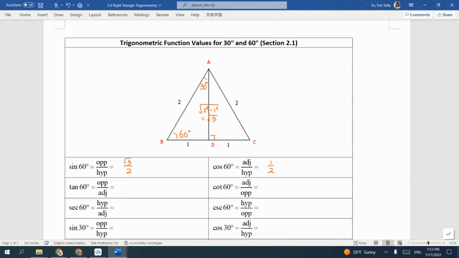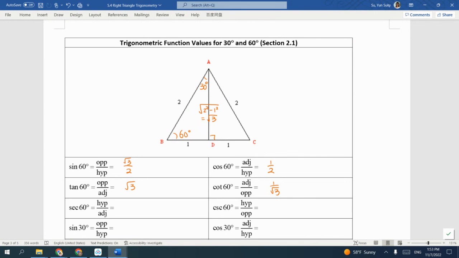So 1 over 2. Tangent, opposite over adjacent. Root 3 over 1 is root 3. Cotangent, adjacent over opposite, 1 over root 3. Right, everybody?